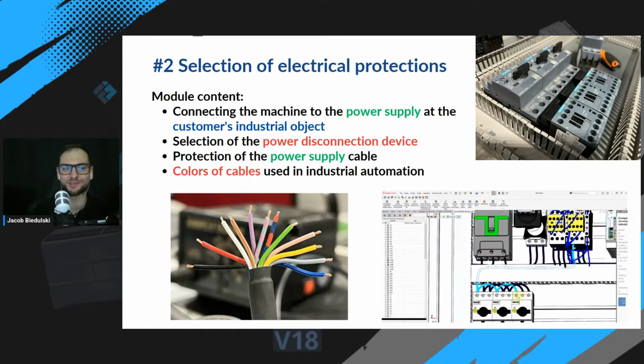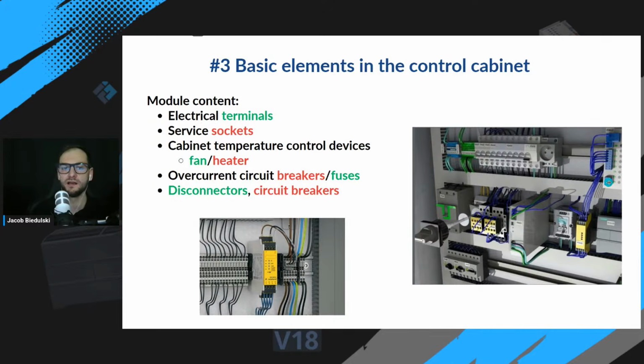There's also a standard for this. So after that, we'll go through electrical terminals, service sockets, cabinet temperature control devices like fans, heaters, overcurrent circuit breakers, fuses, and disconnectors and circuit breakers.